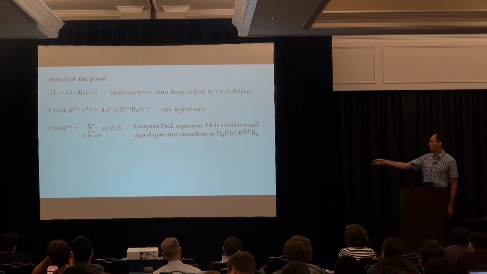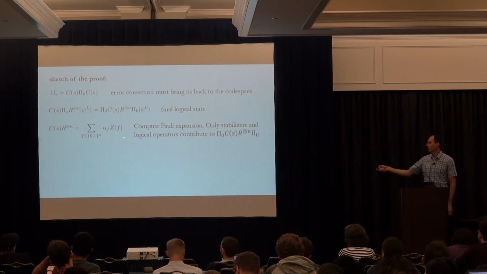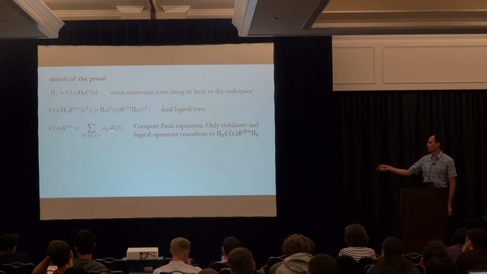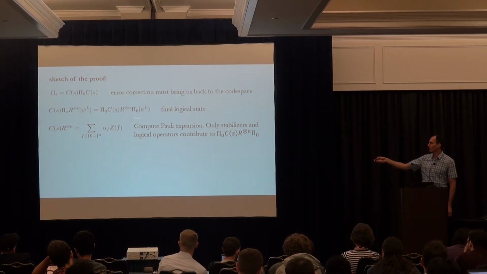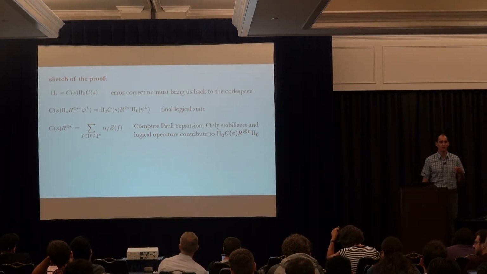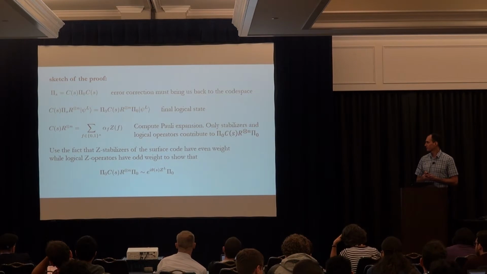So we can always expand this operator in the Pauli basis, and the only operators that contribute to this sandwich operator are stabilizers and logical operators of the surface code.